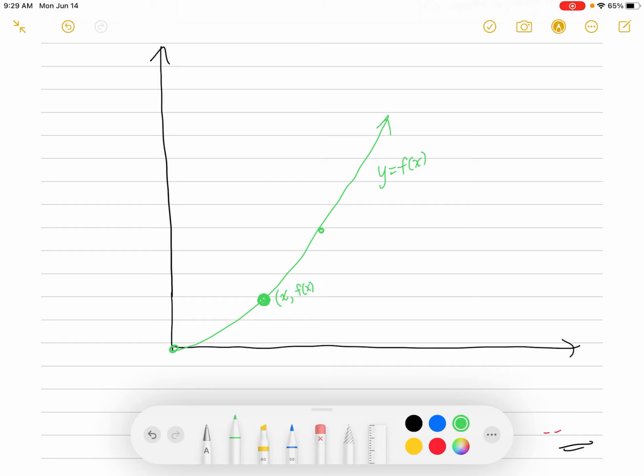And focus on this point here in the middle. Typical point would be x as an input, f of x as an output, right? That's the y value. Trace this back to the x-axis, the x-coordinate, you get x. Trace the y-coordinate back to the y-axis, you get f of x. So what we want to do here is a little demonstration where we have f of 2x. Y equals f of 2x.